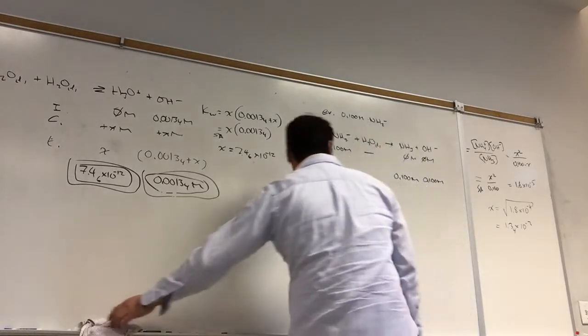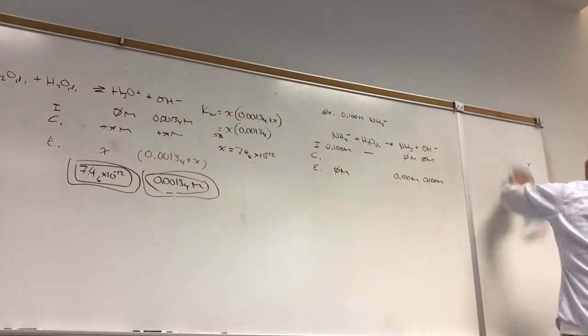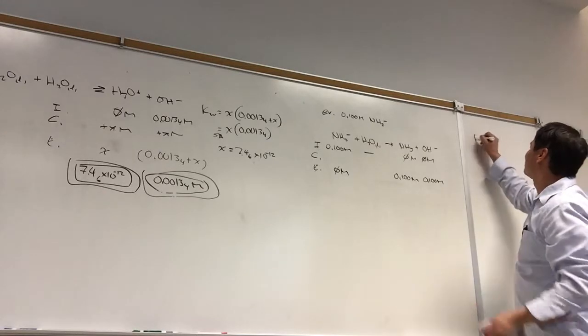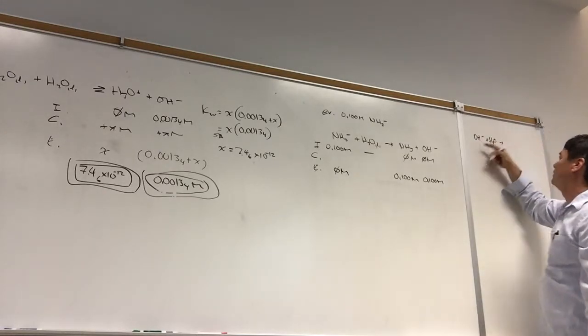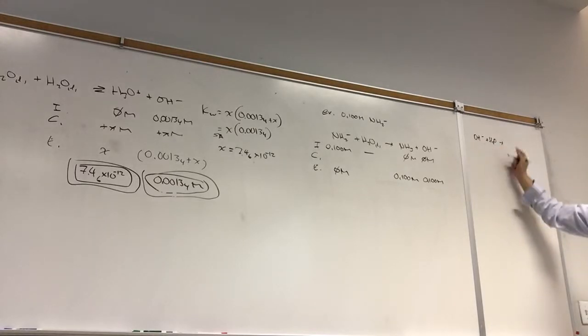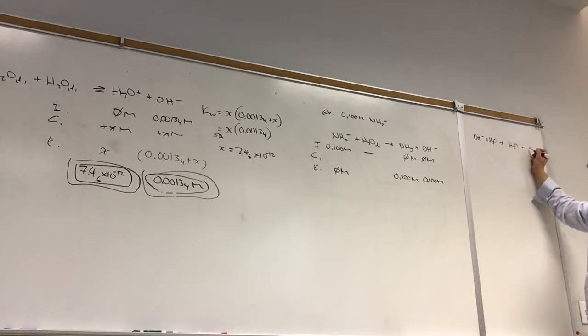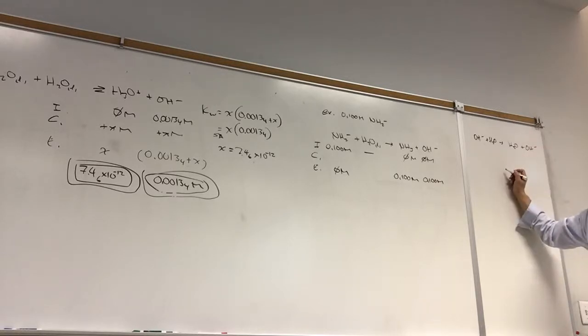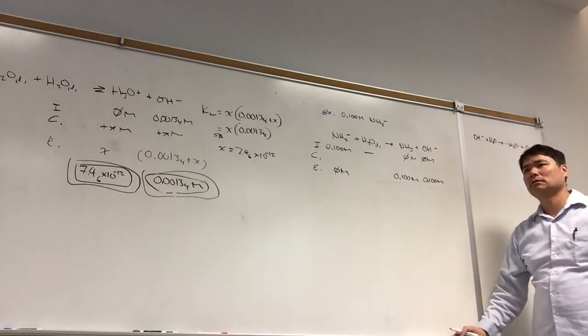Hydroxide is a strong base, so it should hydrolyze water completely, but if it does, what does it form? It forms water and hydroxide. So is there any change there? For hydroxide, no, hydroxide is just there.